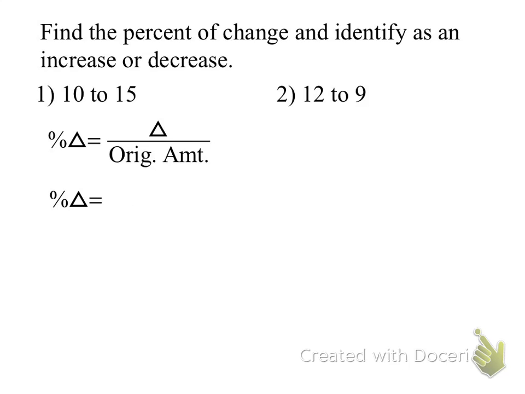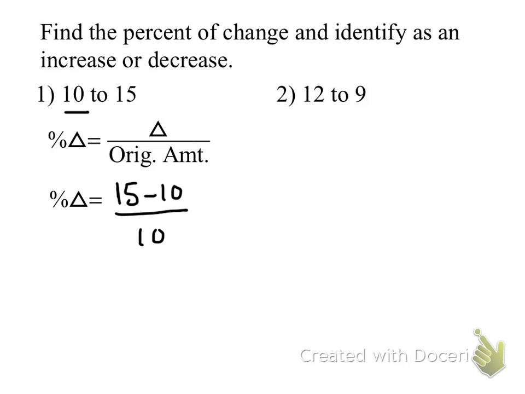You know what? I'm going to write it out here. So you know we're doing 15 minus 10 over what was the original amount? 10. It's the first number that's written.